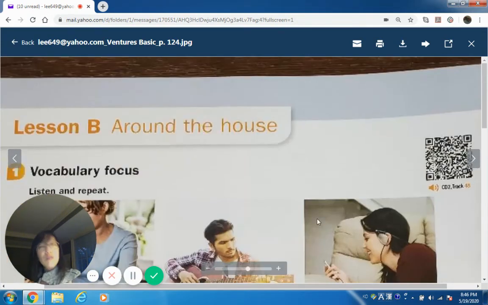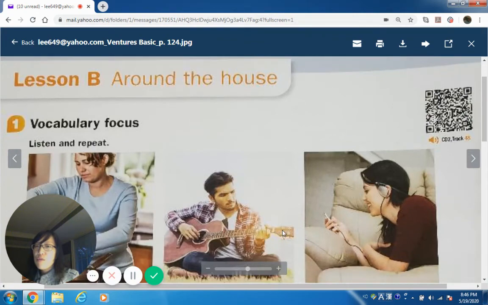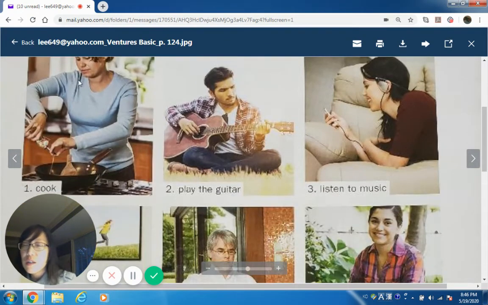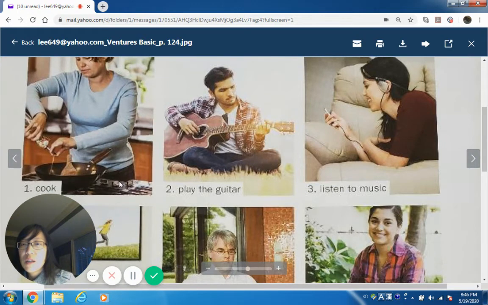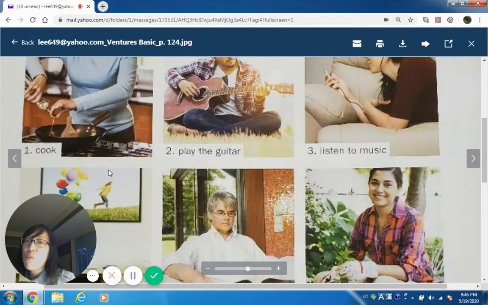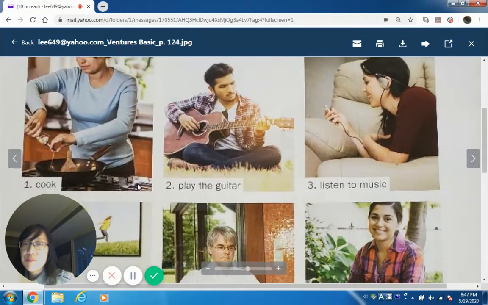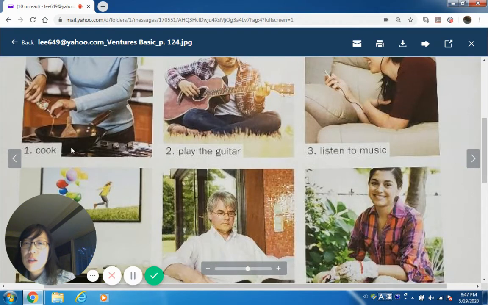So these are all the things you could do around the house during your free time. So you could cook. So let's look at her. She is using a pan. Actually, I think this looks more like a wok. And this is the stove.